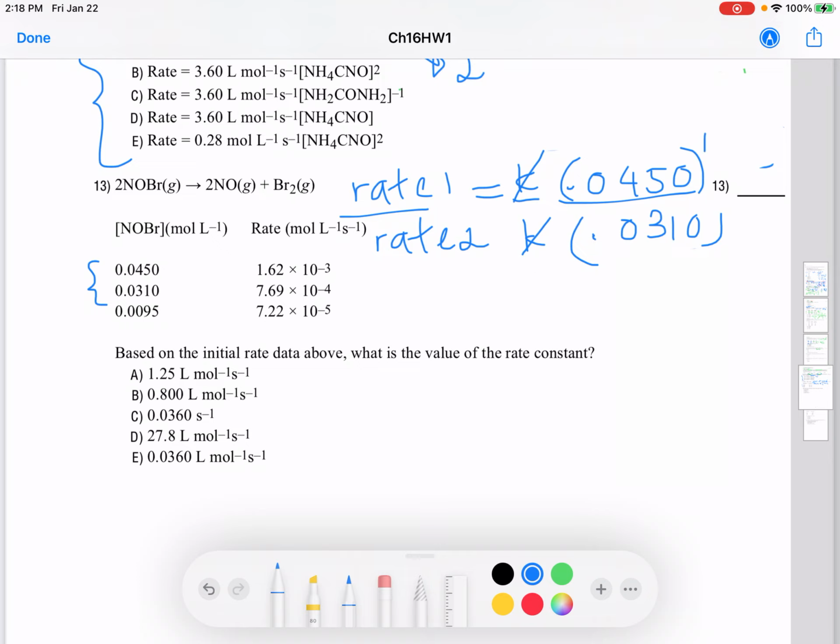Okay, so this is M, and rate 1 is 1.62 times 10 to the negative 3 over 7.69 times 10 to the negative 4. Okay, so 0.450 over 0.031, that would be 1.45.